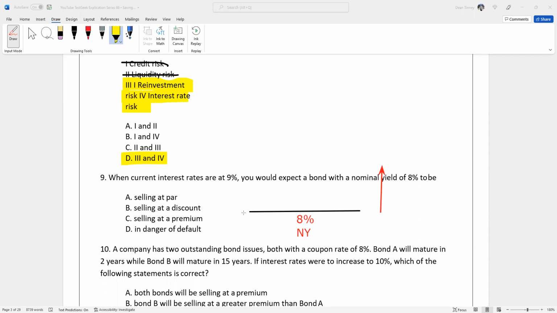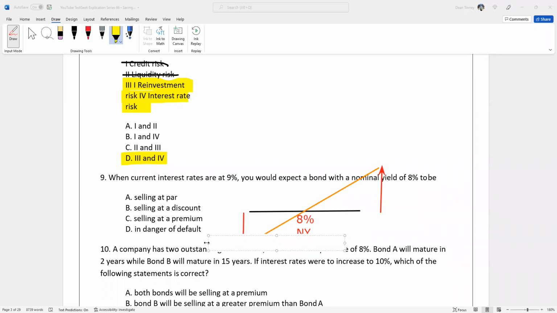And when interest rates go up, that causes the bond to go down. You're going to get at least one or two of these on your 66, and I'm hoping test takers didn't just do a data dump on your Series 7. So this bond is going to be selling at a discount.